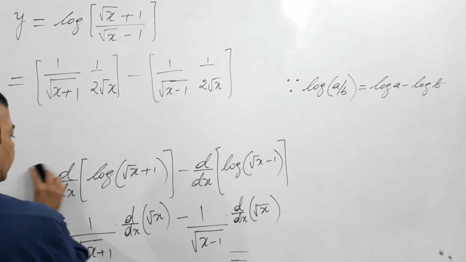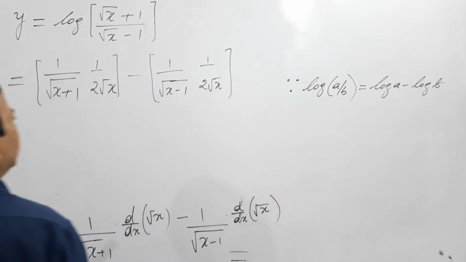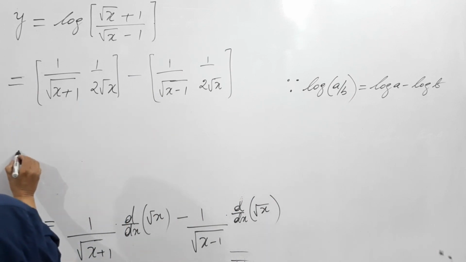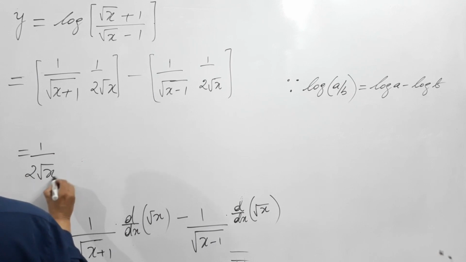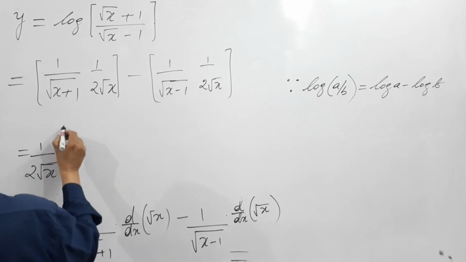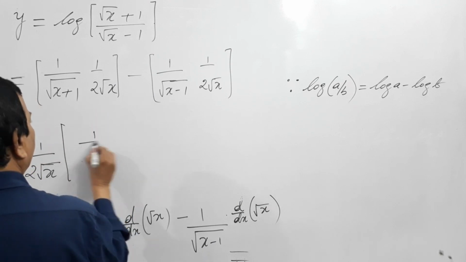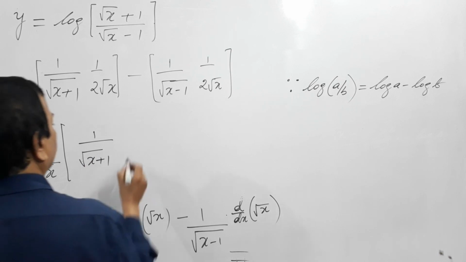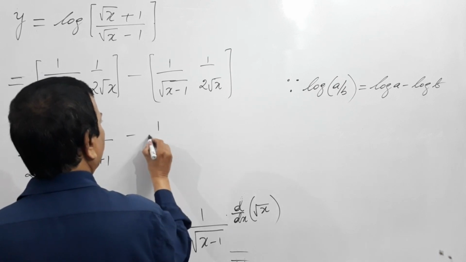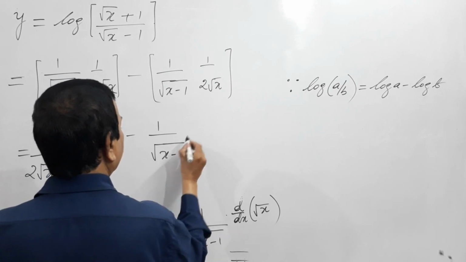So I take 1 by 2 root x outside. What happens here? You get 1 by root x plus 1 minus 1 by under the root x minus 1.